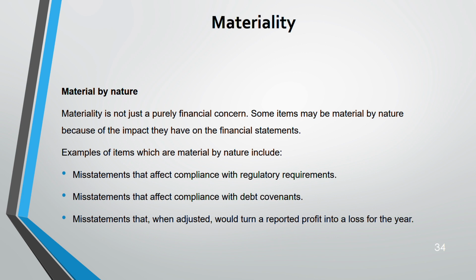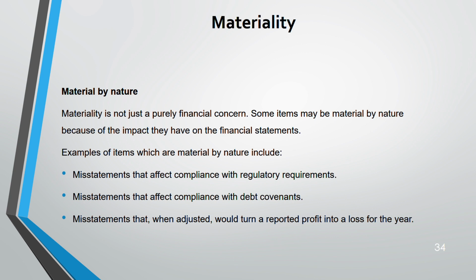For example, if you have to comply with the debt covenant, keeping your borrowings low, and if you misstate that figure, it means you are breaching the debt covenant. Then it's material. If you misstate something and it's not breaching your debt covenant, it's not material. Do you understand? Same goes for the regulatory environment.